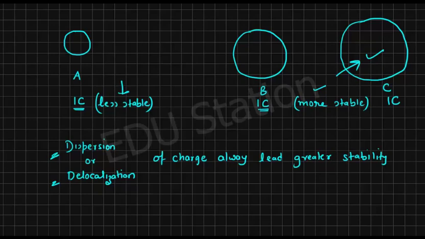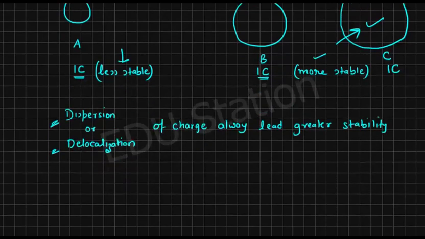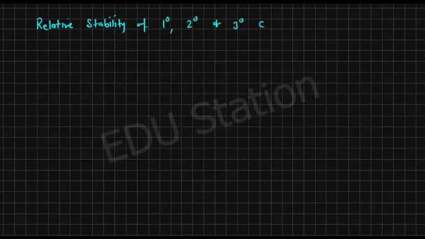Now, we will discuss the relative stability of primary, secondary and tertiary carbocation. So, we will see which is more stable and which is less stable amongst carbocations.